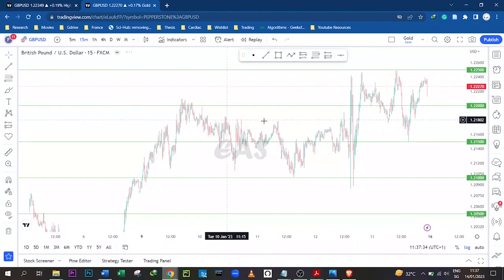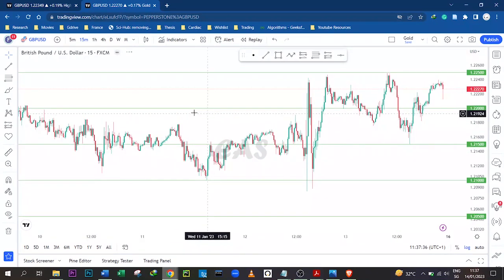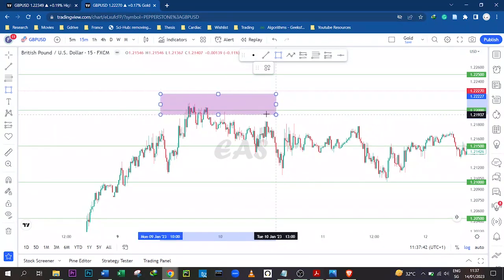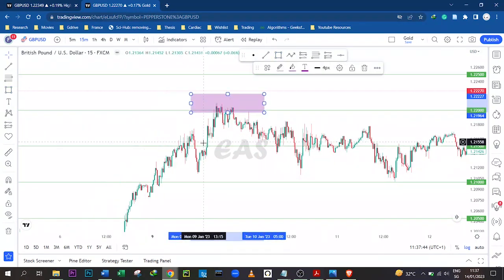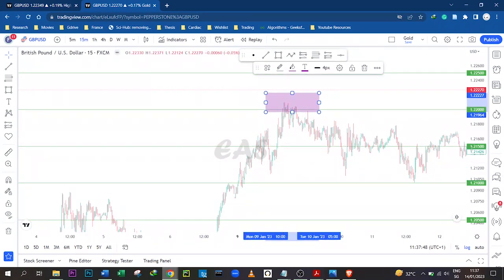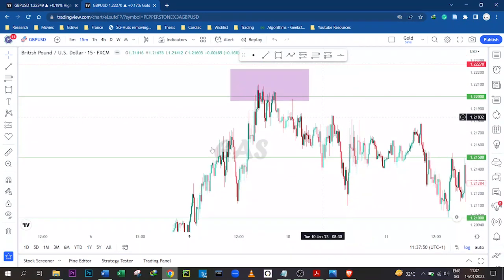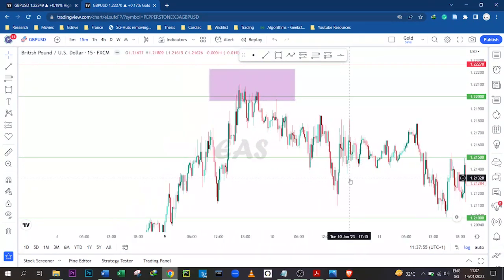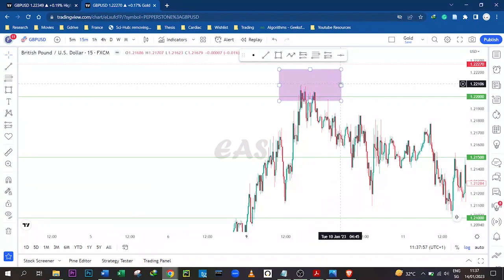So this is an example of a support. You see this region here. I'm going to use this box. Sorry, this is a resistance. Price got to this level, buying pressure stopped, and then the sellers entered the market.